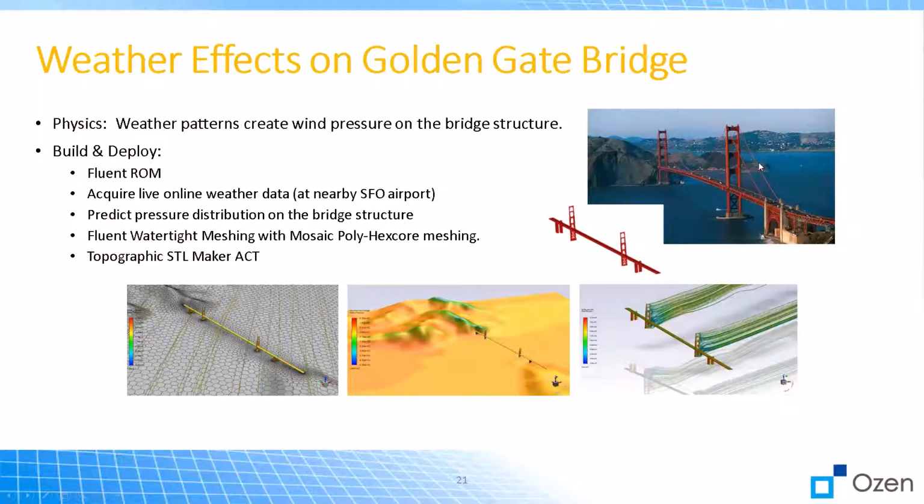Basically, the main physics we are trying to predict here is the pressure on the walls of the bridge when there is wind coming in different directions. So based on the variation in the wind direction and velocity, what will be the change in the pressure on the bridge surfaces.